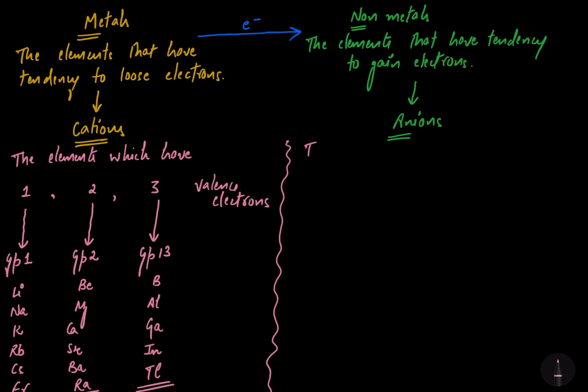The elements which have 5 or 6 or 7 valence electrons will form anions very readily.